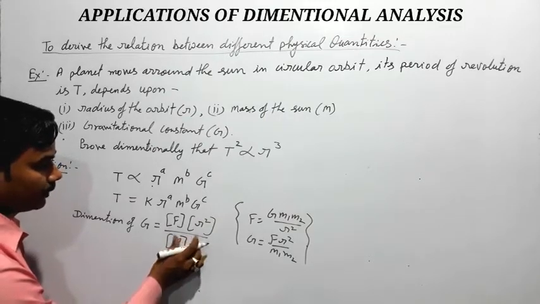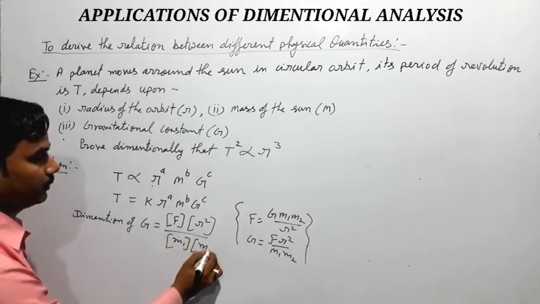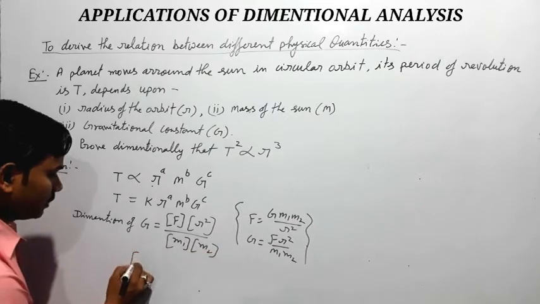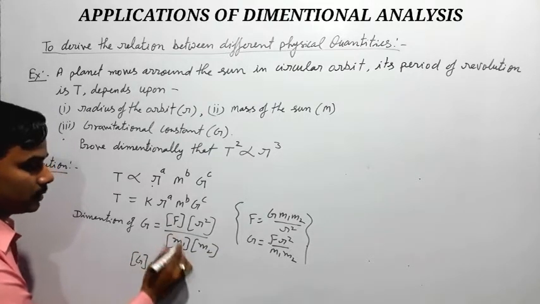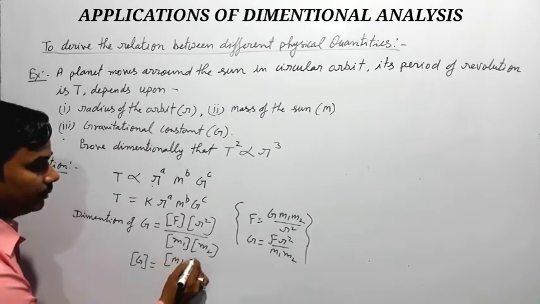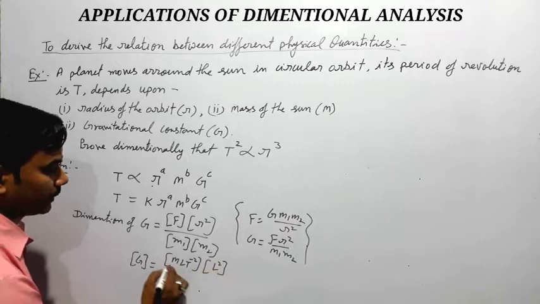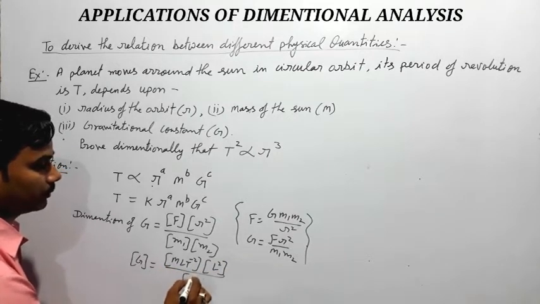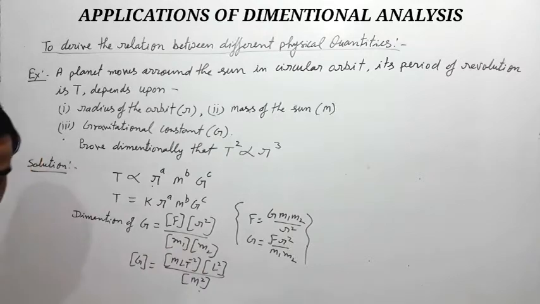So the dimension of G will be the dimension of force, M L T to the power minus 2, and the dimension of distance squared, that is L squared, and the dimension of m1 m2, that is M squared, because m1 and m2 are the same.